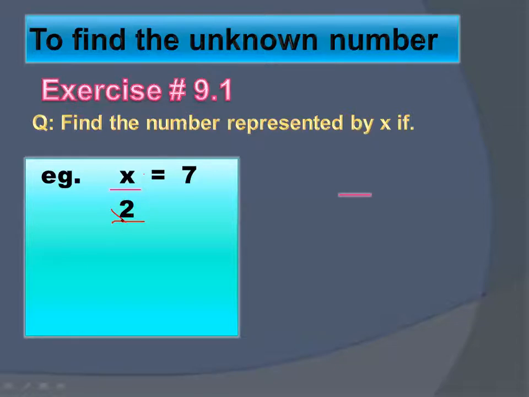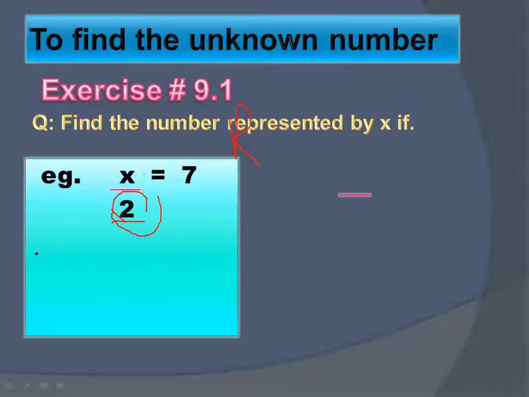Now you have to shift this 2 onto the right side. How will you shift it? Here it is divided with the x, so on the right side it will be multiplied with the 7. I'm repeating again: here 2 is dividing the x, so on the right side it will be multiplied with the number 7.